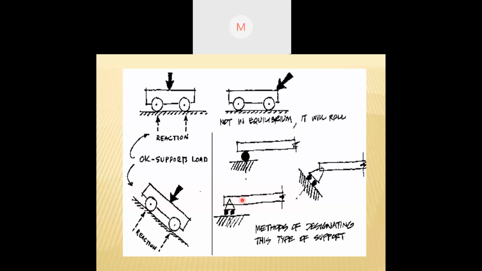We'll have solid mechanics in the next semester, and we'll go into details in that course. Right now, you just learn the basics. If this is a wheel, it can be considered a roller. Here it is giving some reactions. The reaction may be horizontal, or sometimes inclined also. So this is what roller supports actually are.